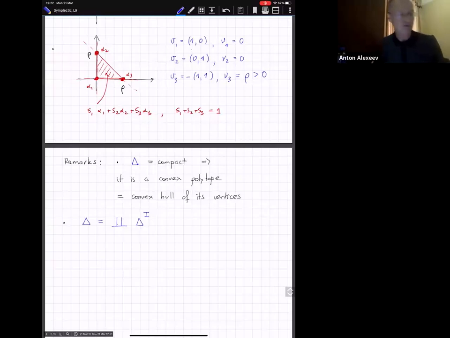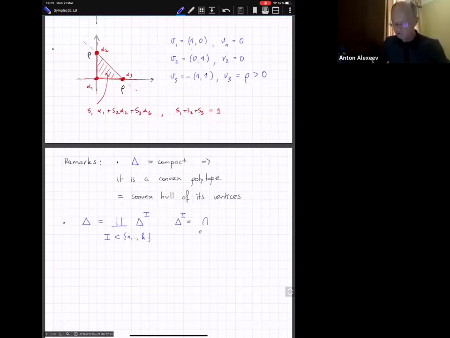All right, so delta is a union of delta i's, where i's are subsets of the set 1 to k, and this delta I is defined in the following way.